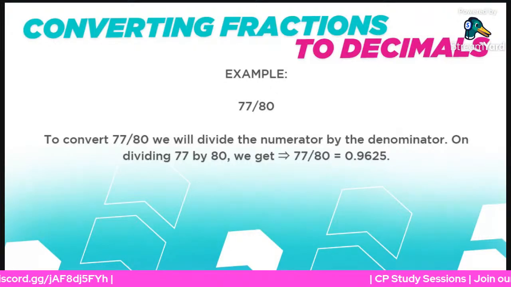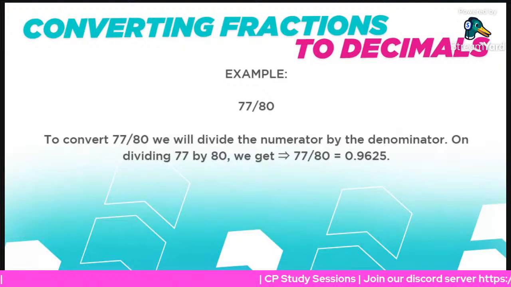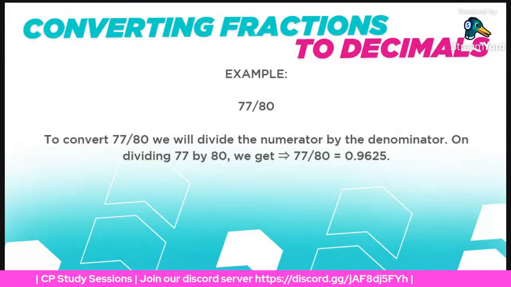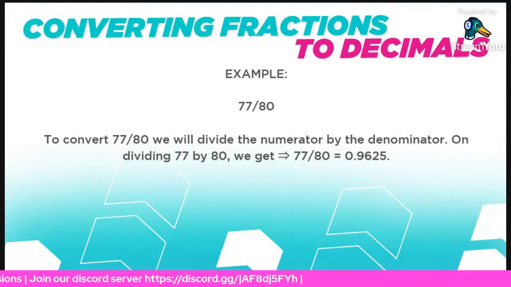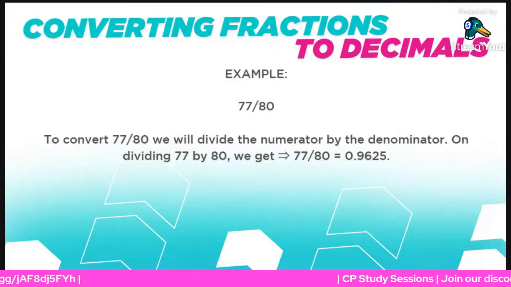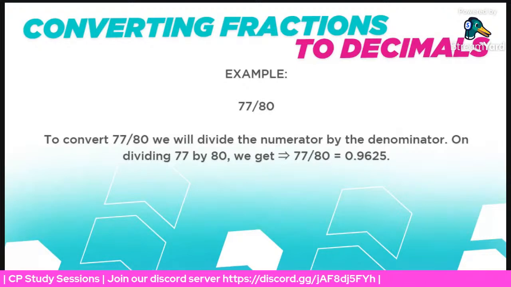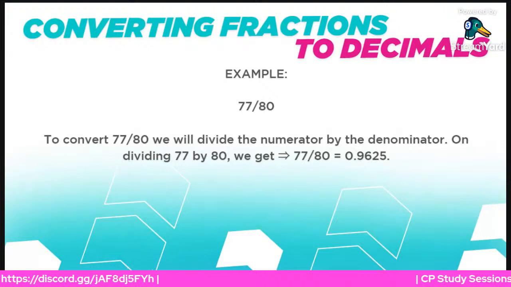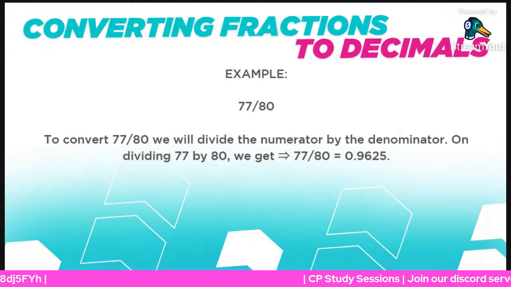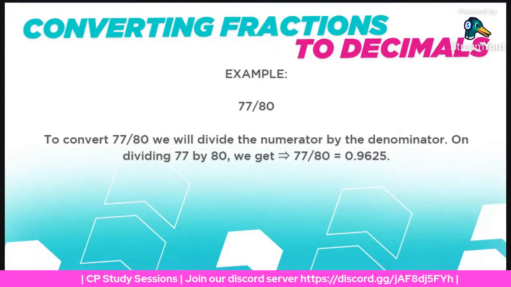So, if you divide 77 by 80, ano yung makukuha natin? Alright, correct. So, the equivalent of the fraction 77 over 80 in decimal form is 0.9625. So thank you all for the responses.